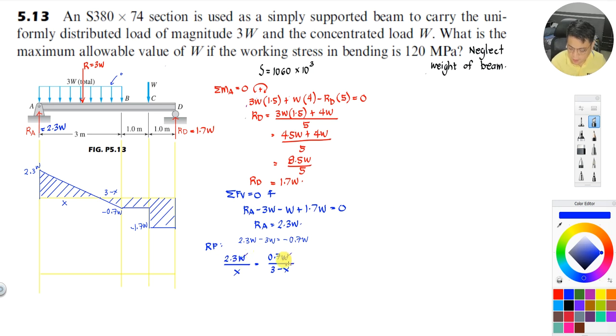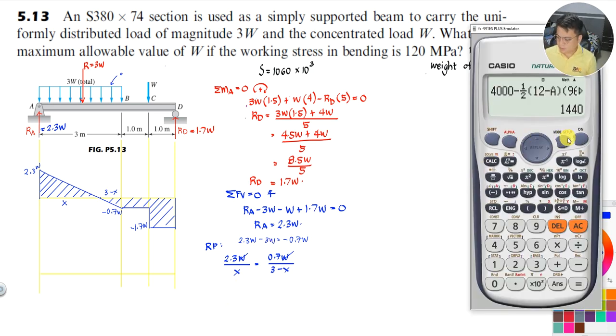Okay, cancel W. So you can have 2.3 over x is equal to 0.7 over 3 minus x. Again, 2.3 is to x is equal to 0.7 is to 3 minus x.